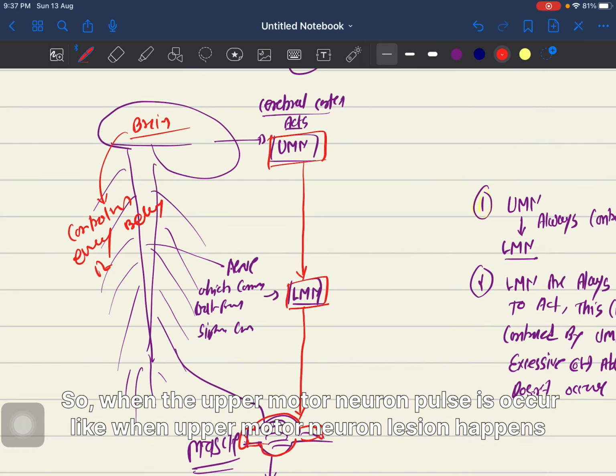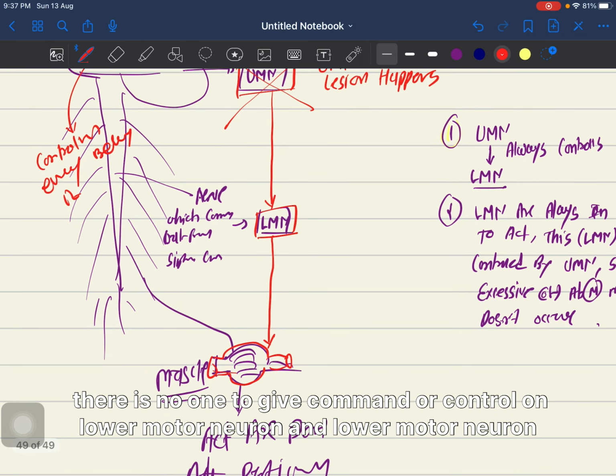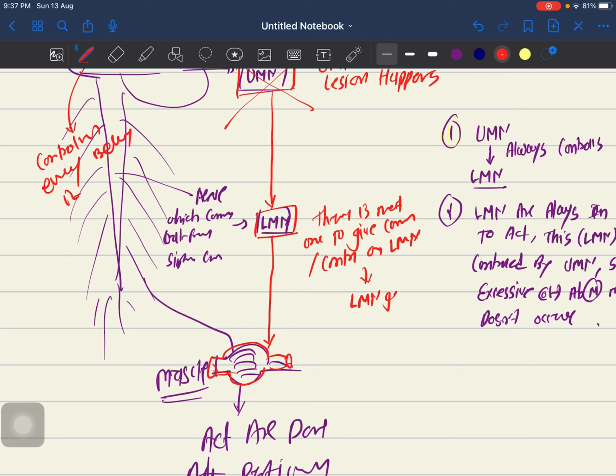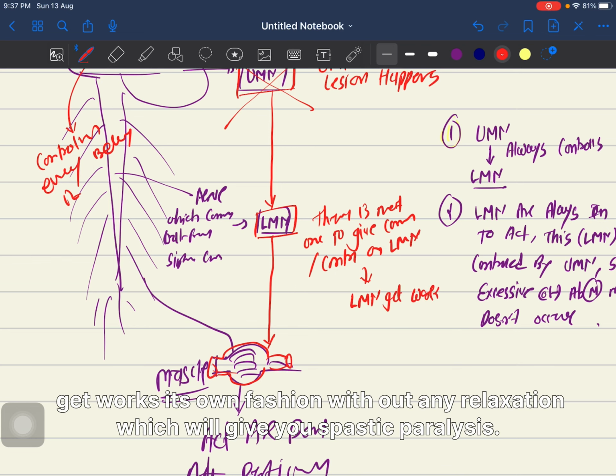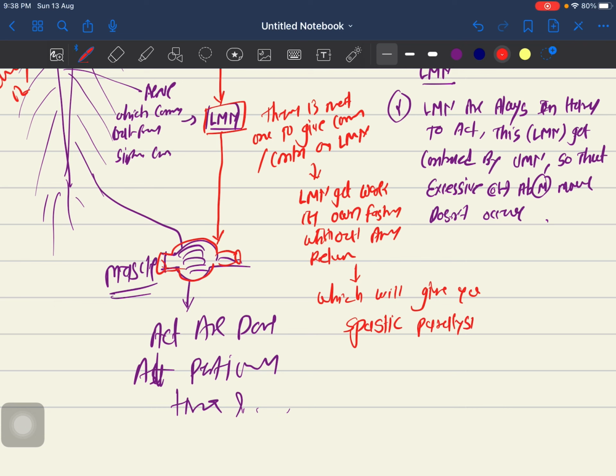So when an upper motor neuron lesion happens, there is no one to give command or control over the lower motor neuron, and the lower motor neuron works in its own fashion without any relaxation, which will give you spastic paralysis.